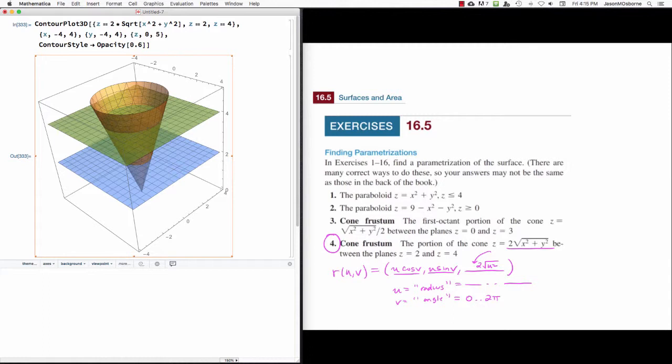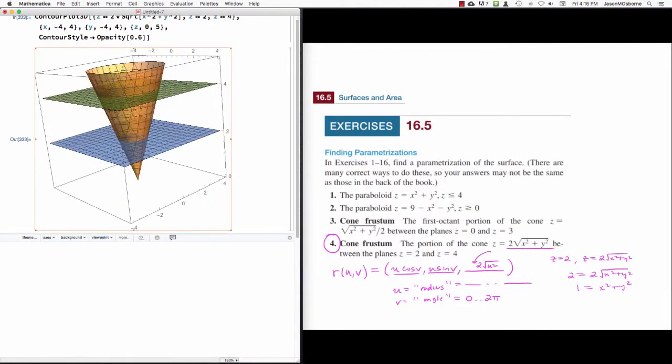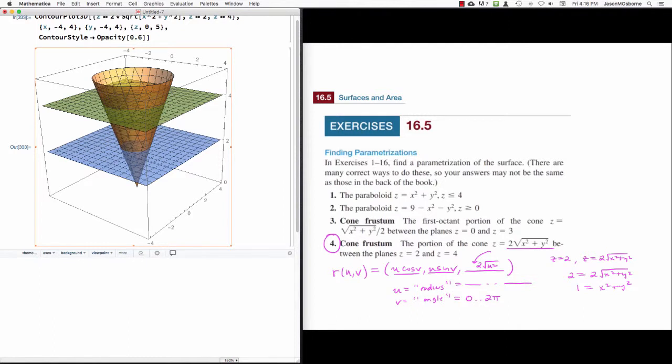When z is equal to 2, z is also equal to 2 square root of x squared plus y squared, which says that 1 is equal to x squared plus y squared, which says that the blue circle down there that is cutting into the cone is a circle of radius 1.